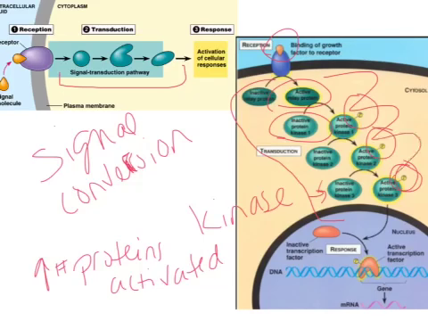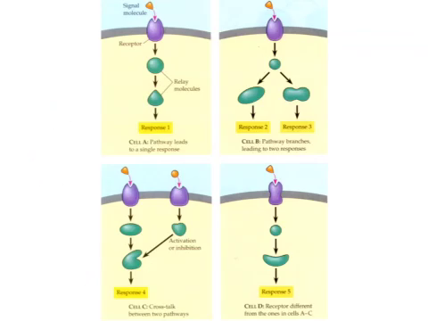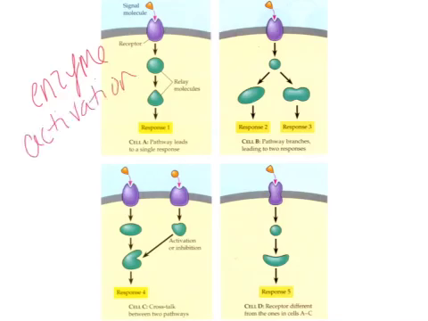Okay, so let's take a look at the response here. What are some of the options that a cell can do? So a cell has a variety of things that it could do in response to the signal transduction pathway. It could just be a single response like an enzyme activation. So a single pathway response, it just turns an enzyme on, turns an enzyme off.